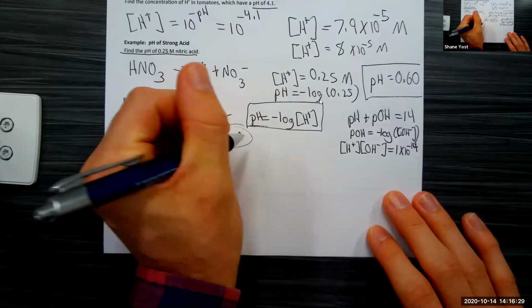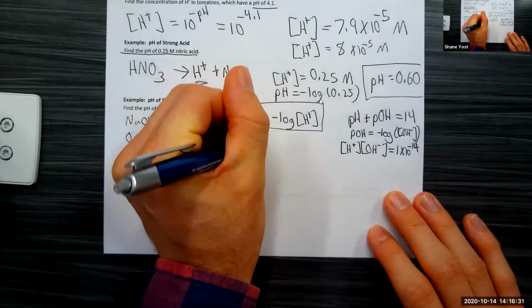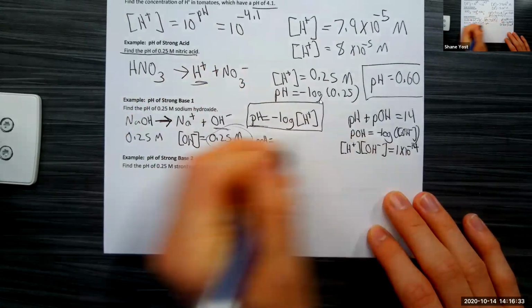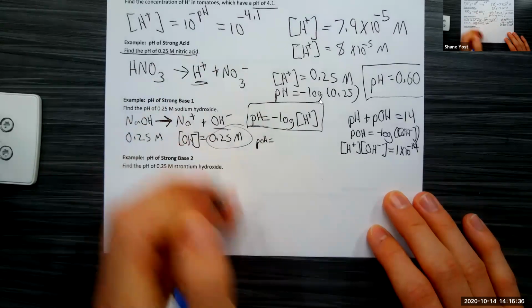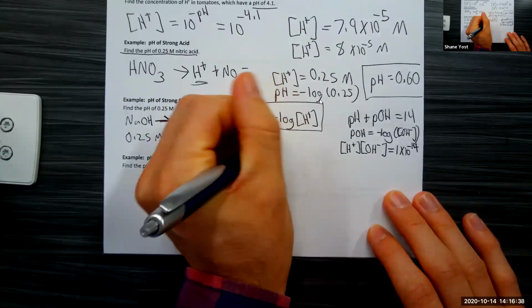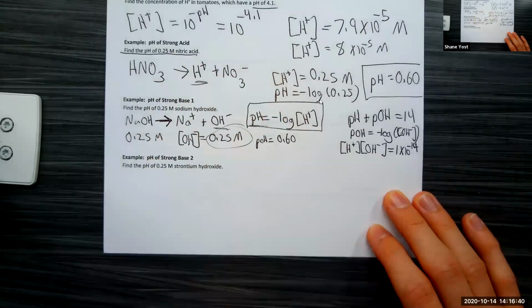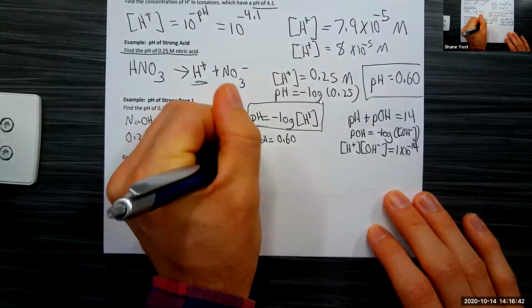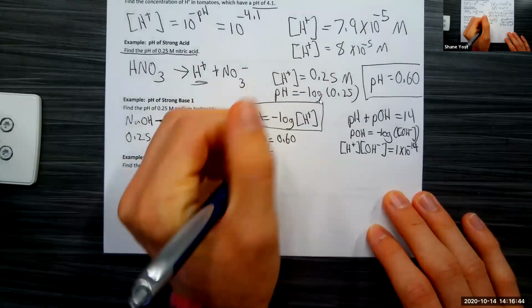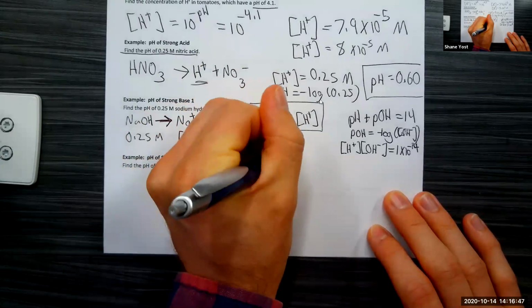So if I want to do that, I get the pOH. Take the negative log of 0.25, and you get 0.60. And so the pH is 14 minus that, which is 13.40.